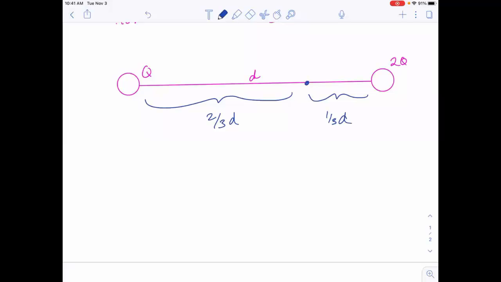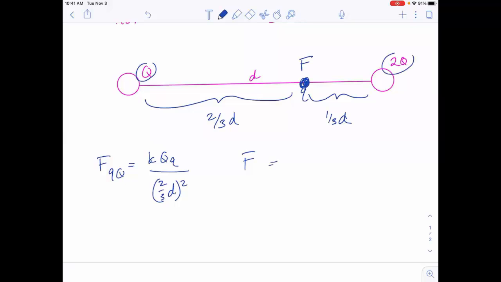So how would I go about computing these things? To get the force at this point on some charge q, I would need to do Coulomb's law between little q and big Q. And then I would need to do it between little q and 2Q.